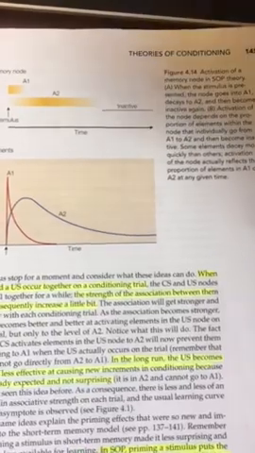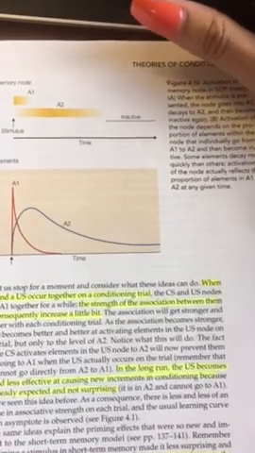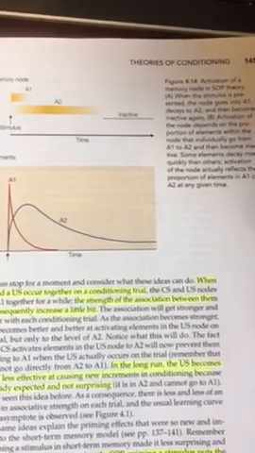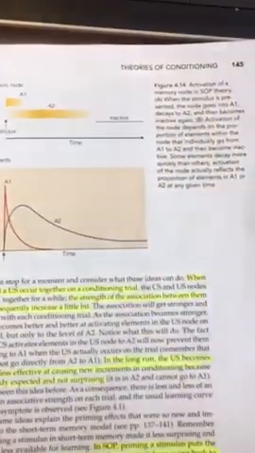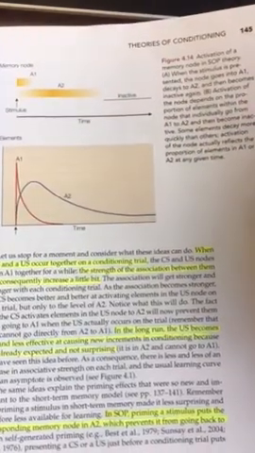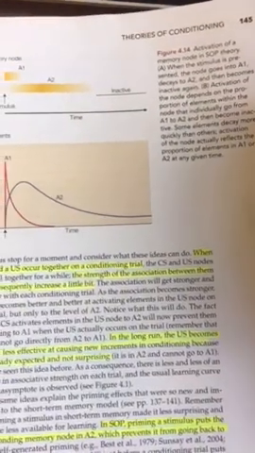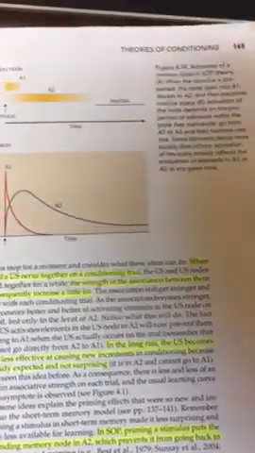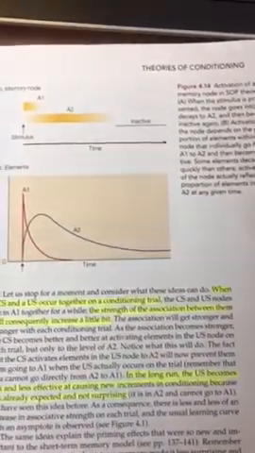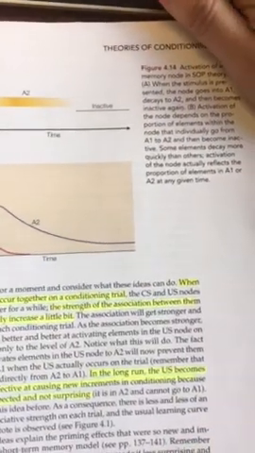a real thing in A1. So when a CS and a US occur together on a conditioning trial, the strength of the association will frequently increase a little bit, and in the long run, the US becomes less and less effective at causing new increments in the conditioning because it was already expected and not surprising.